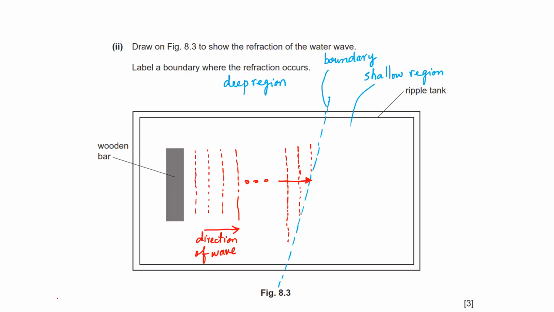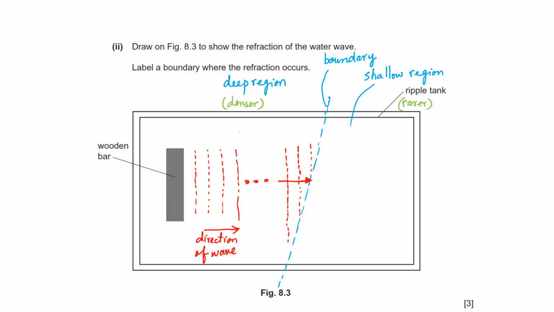Now I'll be using the green pen to draw the refracted wave. Remember, your waves are bending. The deep region is a denser medium, and the shallow region is a rarer medium.